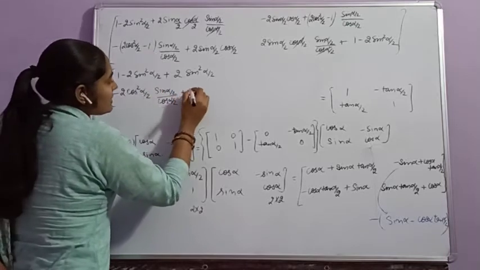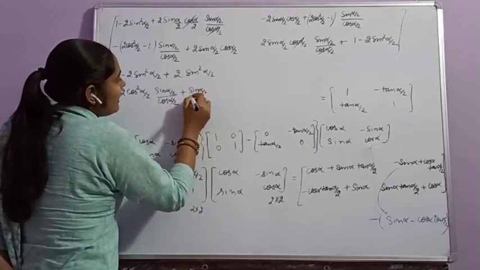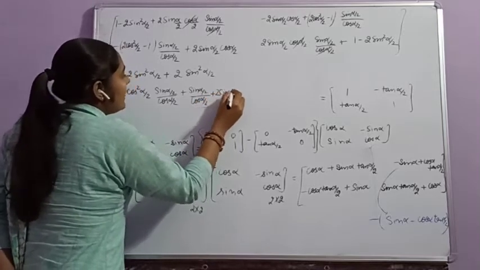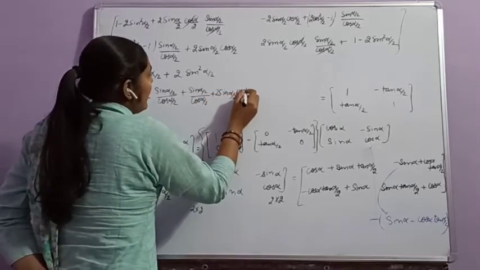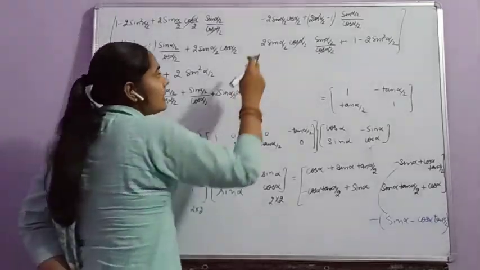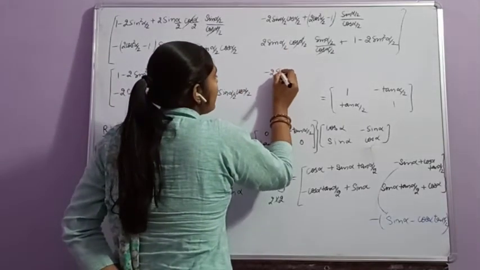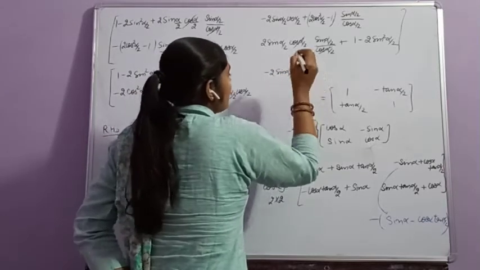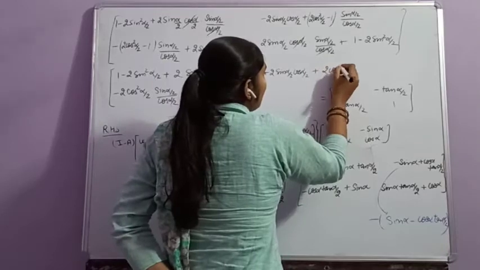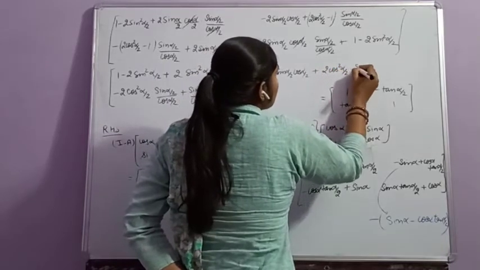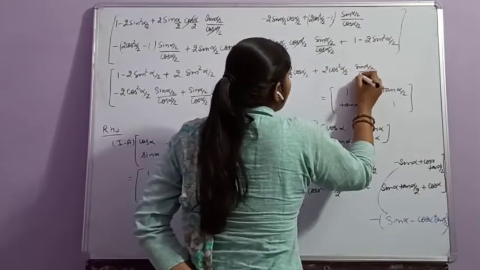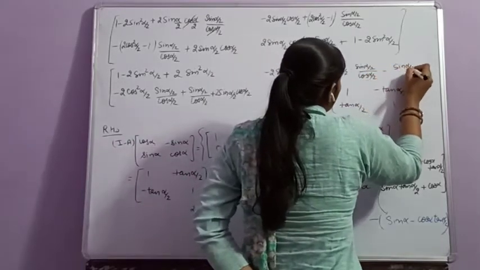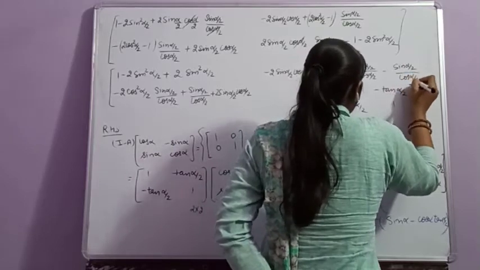Minus minus plus sin alpha by 2 divided by cos alpha by 2 plus 2 sin alpha by 2 cos alpha by 2. Here it can be written as minus 2 sin alpha by 2 cos alpha by 2 plus 2 cos square alpha by 2 into sin alpha by 2 divided by cos alpha by 2 minus sin alpha by 2 divided by cos alpha by 2.